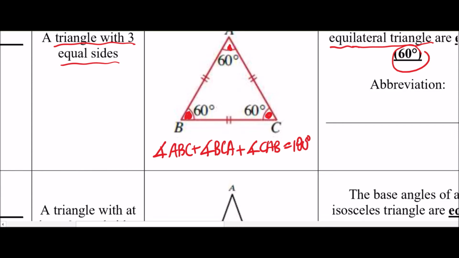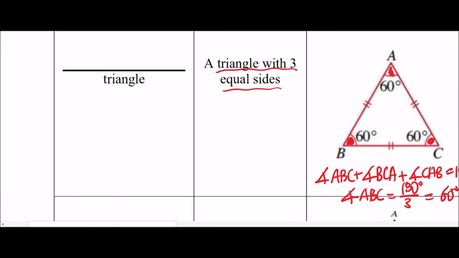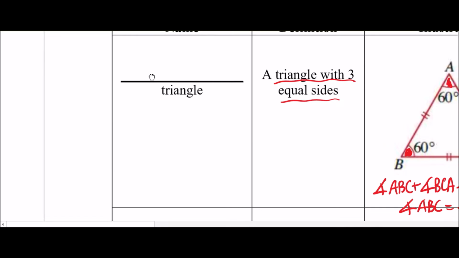Since they are all the same, either of these angles, let's just choose ABC to represent it, is 180 over 3, so you have 60 degrees over here. Each of them must be 60, since they're all the same. So we call this type of triangle the equilateral.